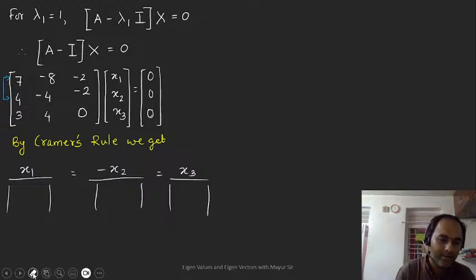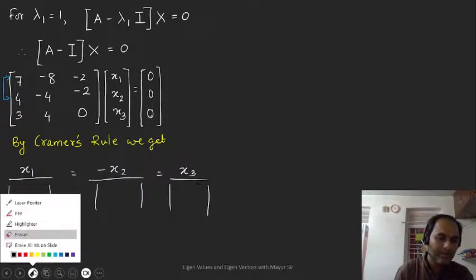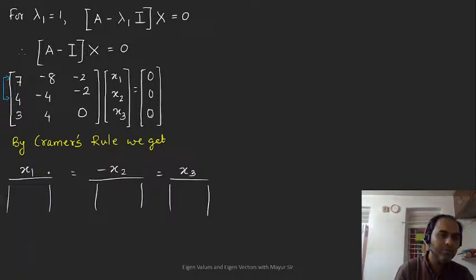Now how to write the values below x1, x2 and x3? Remember what you do is this. For x1 you delete the first column over here, 7 and 4, you hide them, and we are not considering the third row at all.